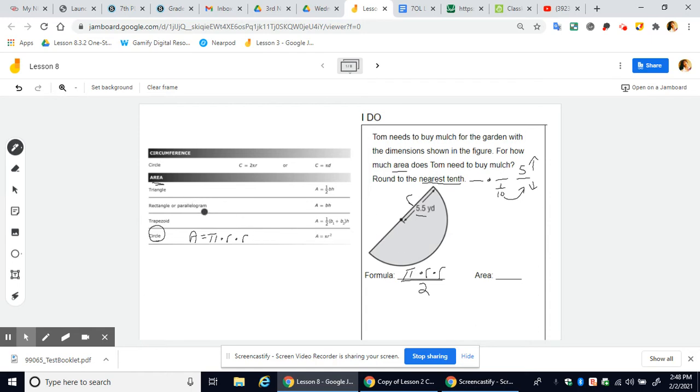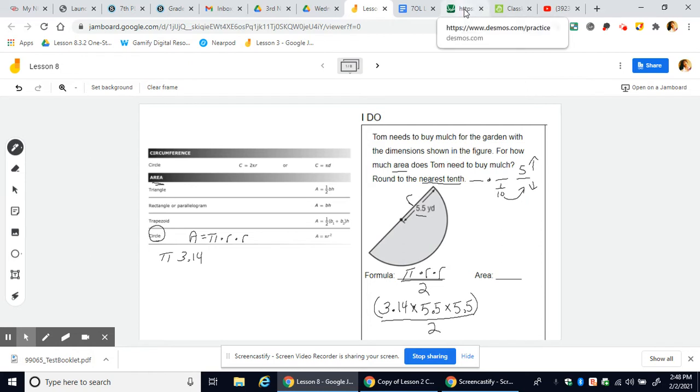And for pi, I need to use 3.14. So if I substitute, this will say 3.14 times 5.5 times 5.5. And once I take the product of that, I have to take half of that in order to get the area so that we can determine how much mulch that Tom needs to buy.